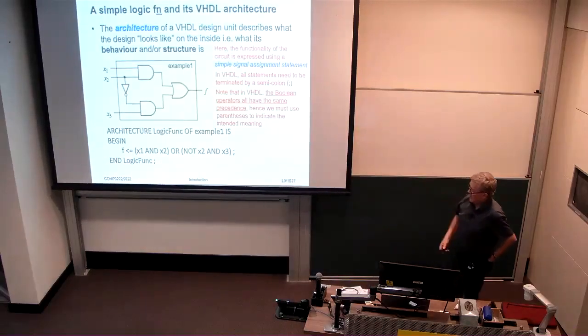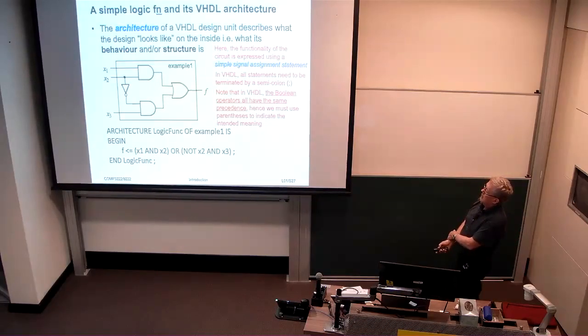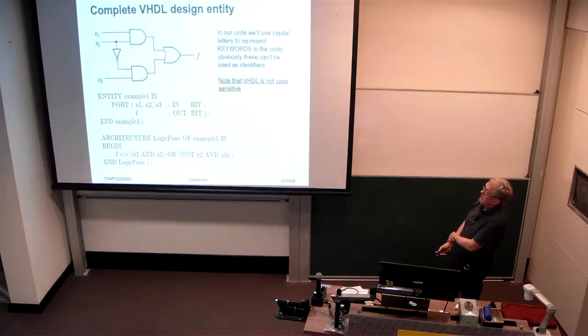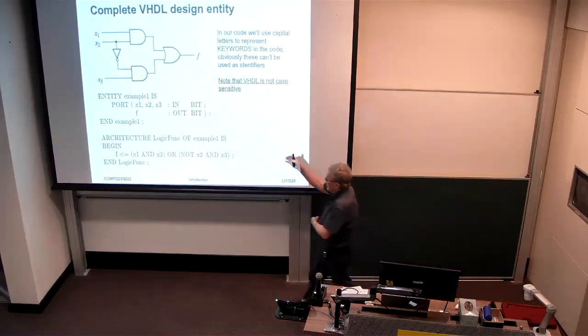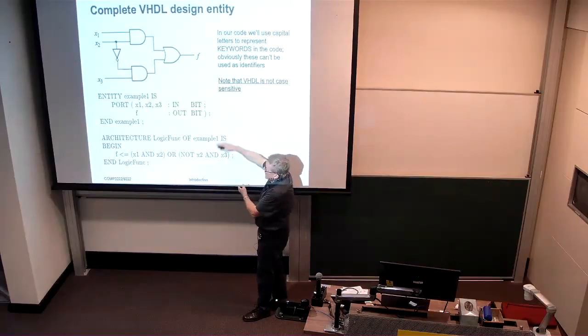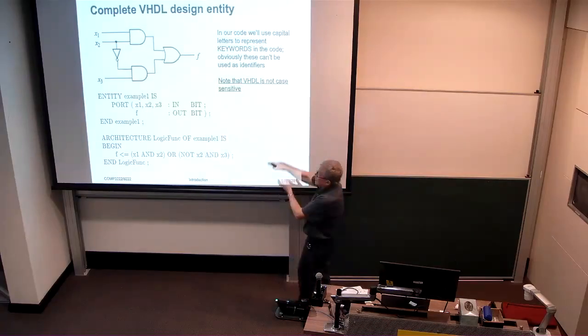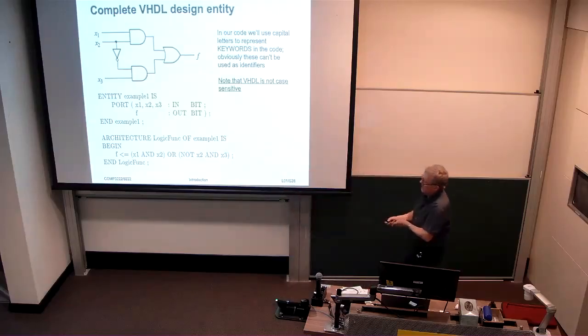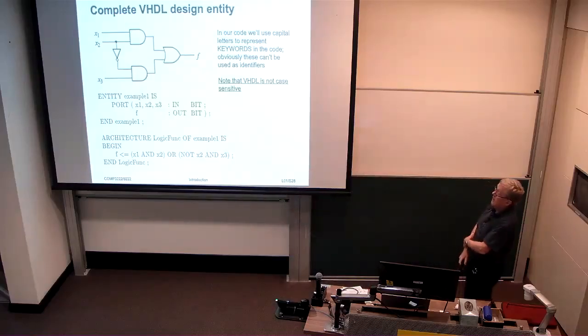And as I mentioned, we don't have that precedence, so we need parentheses. I don't know that there's anything else there, so let's have a look at the whole thing. Here's the whole shebang, the design entity for that circuit. The design entity comprises both the entity declaration and the architecture all together in one file, and that's it.